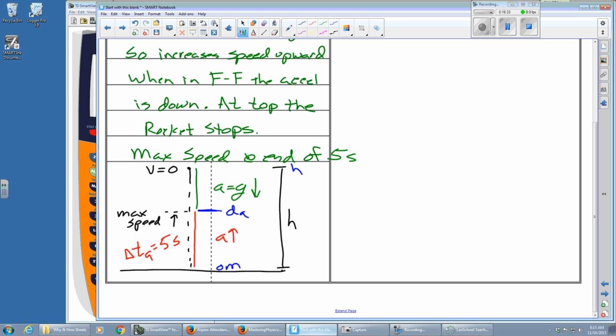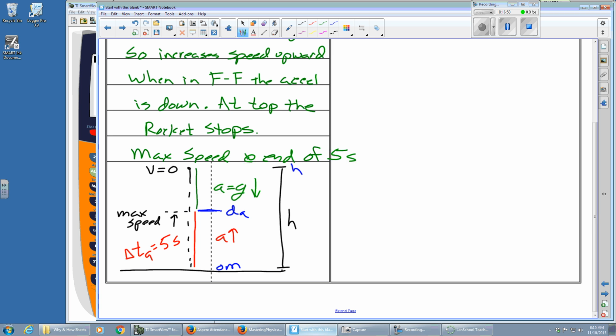All right. So my approach is going to be I want to find everything out that I can about this red segment, and then I should be able to find out how high it is at the end of it and how fast it's going at the end of it. And then once I find out everything I can about the red segment, I'm going to find out what I can about the green segment.